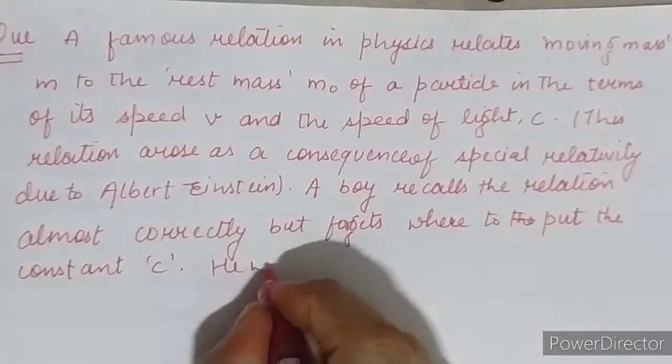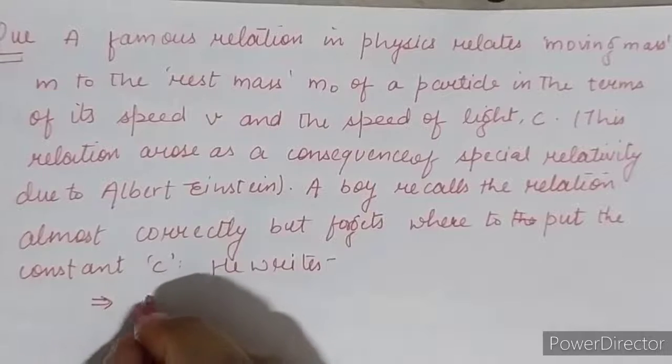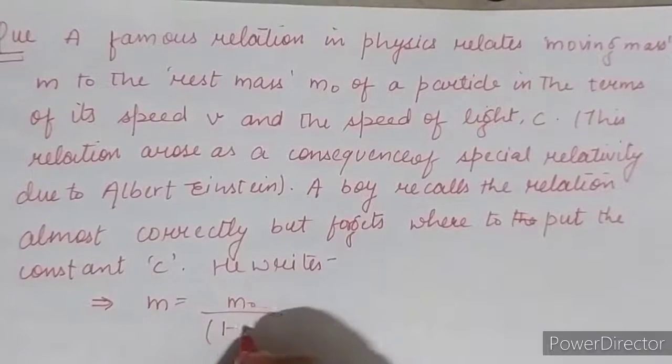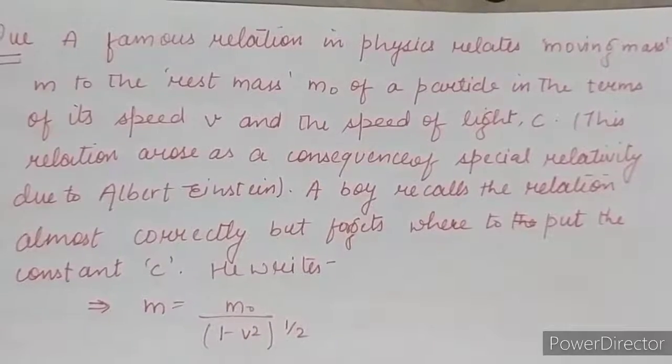He writes the formula like this: m is equal to m naught into 1 minus v square, to the power 1 by 2. Okay.